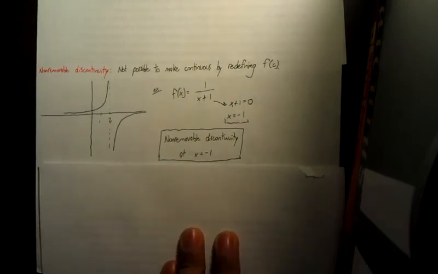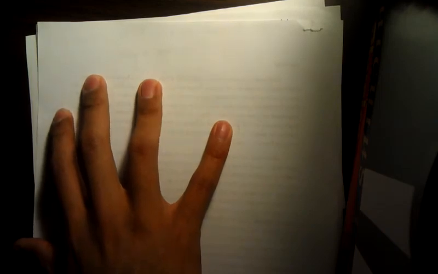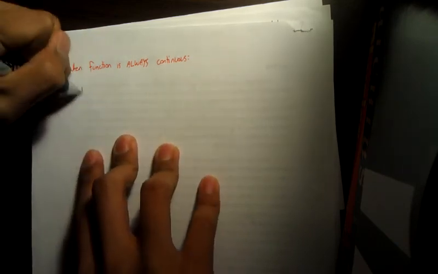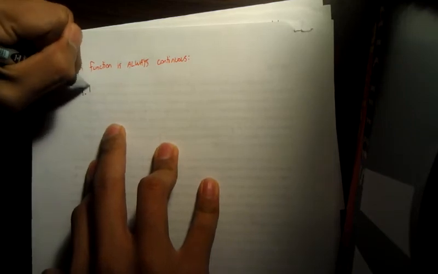There are also some instances when functions will always be continuous, and there's 4 of them. The first one is polynomial functions.